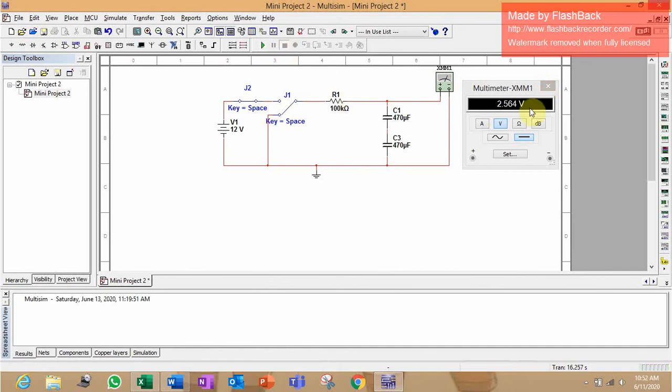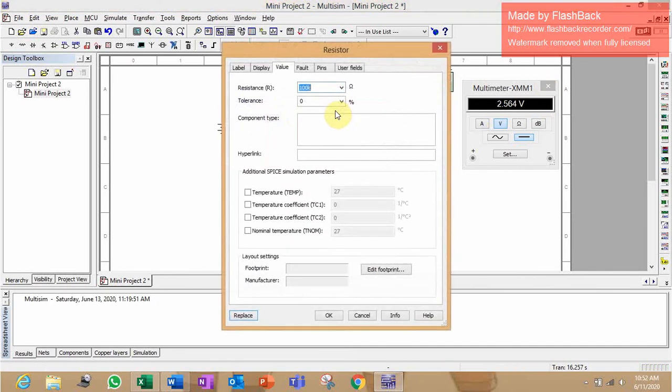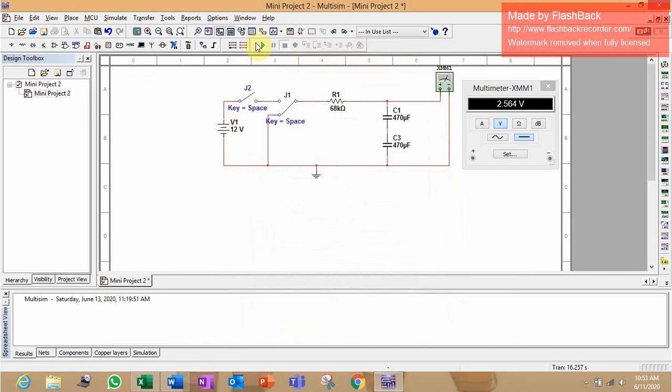Right now, I'm going to change the value of the resistor to 68 kilo ohm. The initial voltage is 0 volt. So run the circuit, connect the circuit to the DC supply, and the voltage starts to increase.